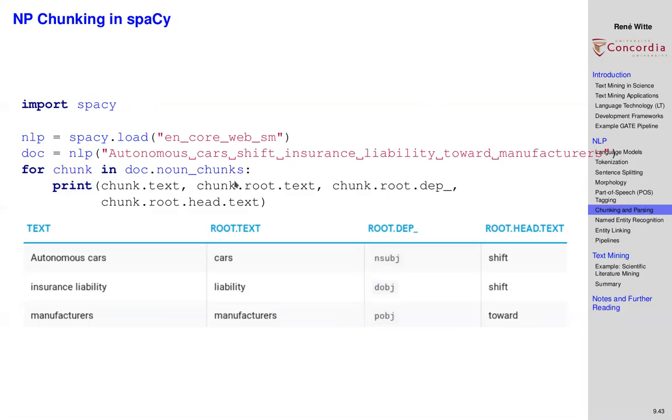So for each noun chunk, we are printing out the text, as well as the text of the root word, the text of the head, and the dependency type. So for the text autonomous cars, the head, the root is cars. For insurance liability, it's liability, and for manufacturers, there's only one word, it's manufacturers.